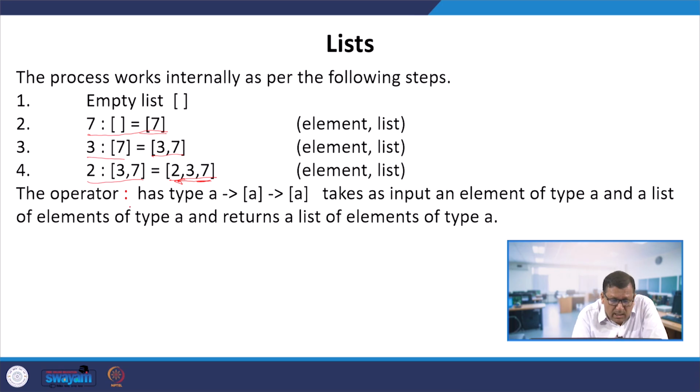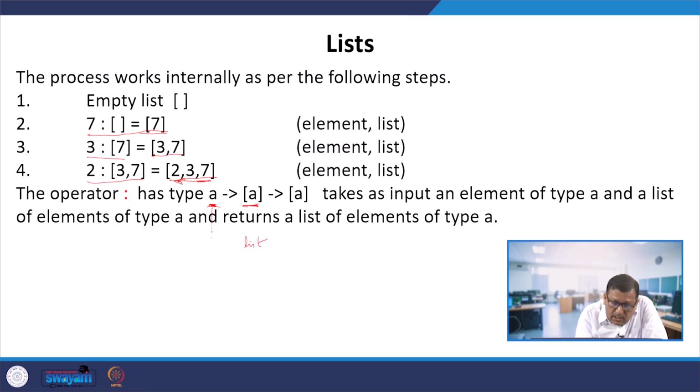So the constructor has a type. With any function we always associate a type, the input and the output. It says there are two things, head and tail. It takes as input a head and a tail. When we say a list is of type A, that means, for example, the list is of type integers, so its elements are of type integer. Now this notation says it is a list.